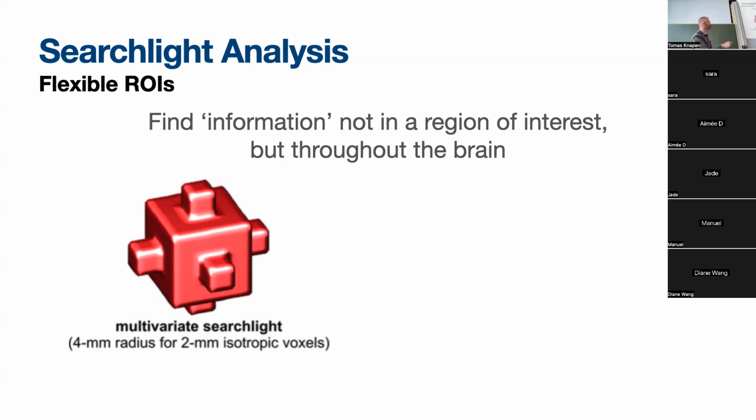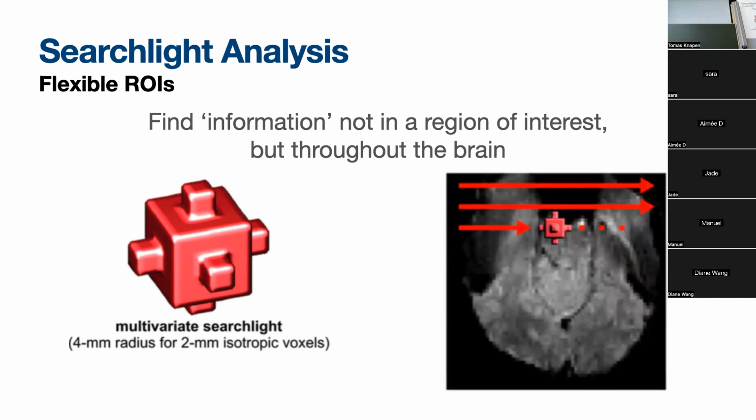I'm going to select all of the voxels that fall inside this selection sphere and use them for a classification algorithm analysis. What I can then do is take that and move it over to the left. So I'm going to typewriter what we call a searchlight through the entire brain, and use a little region centered around every voxel separately as a region of interest.